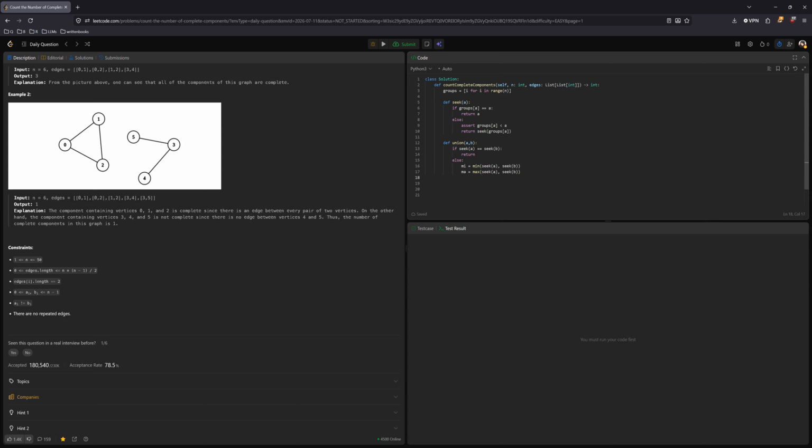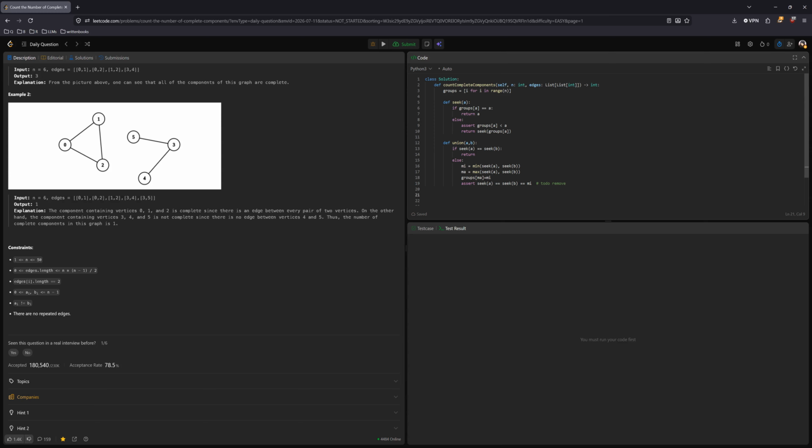And then we say groups of max equals min. And then assert seek a equals seek b equals min, like that. I can probably remove this.